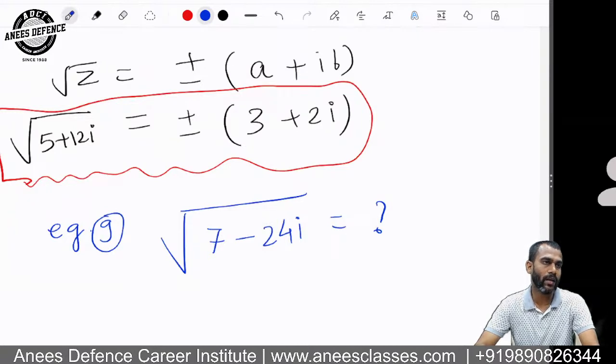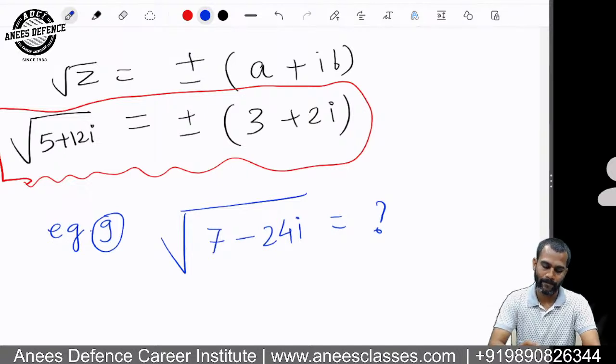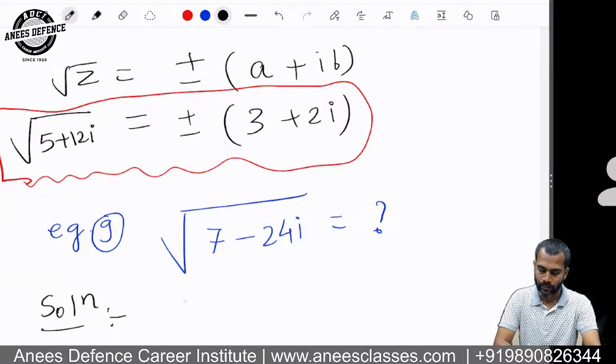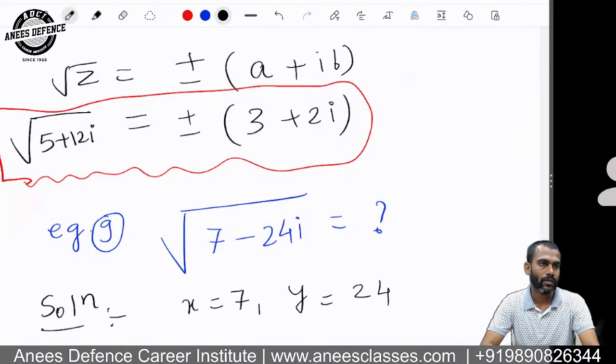What is A? Square root of modulus of Z plus real part of Z divided by 2. What is modulus of Z here? Just compare. X is equal to 7, Y is equal to only 24; you just take it, we have to just put the minus sign there.